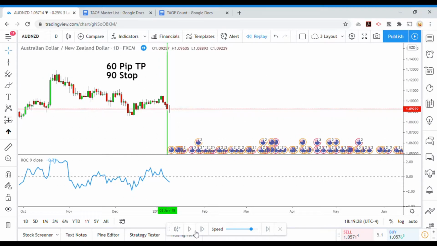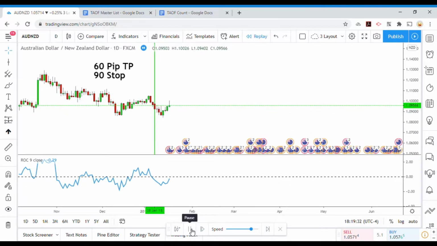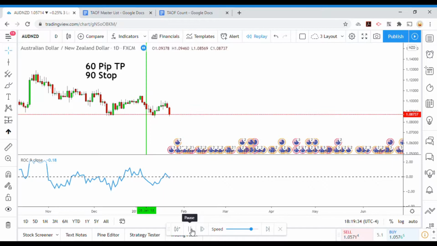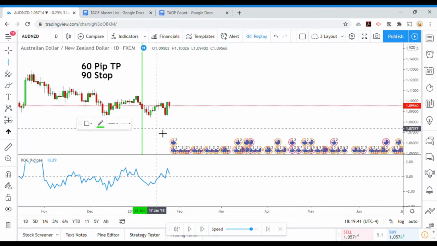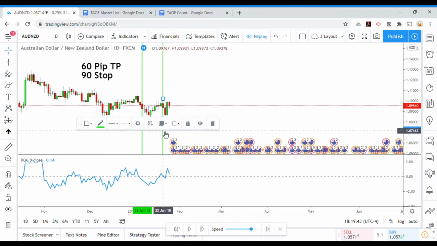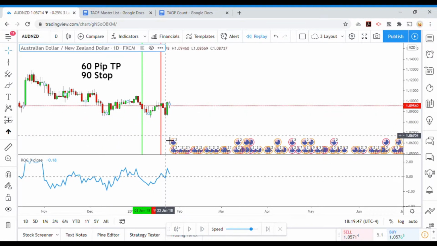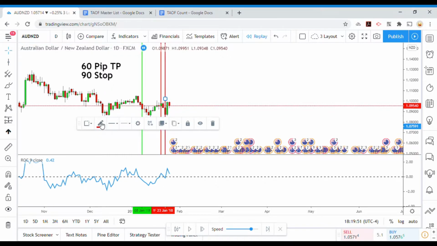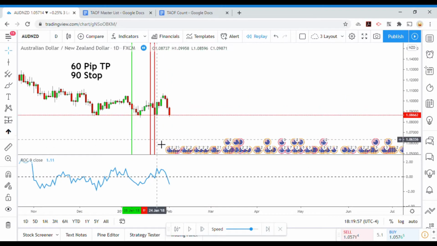We have our first trade, and that trade was a winner. So we are going to keep plugging along here, looking for more trade signals. Looks like we got one here, which was a loss, and then we picked up another one here, which was also a loss, unfortunately.